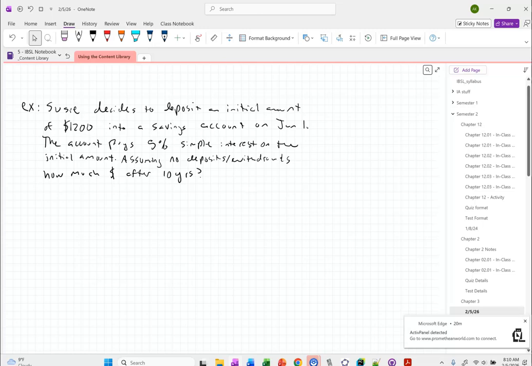Assuming no deposits or withdrawals, how much money does she have after 10 years? So this term, simple interest, is important. Who remembers the difference between simple interest and compound interest? Because those are probably the two terms you've heard, right?